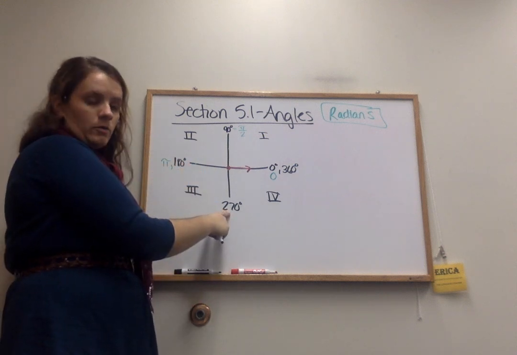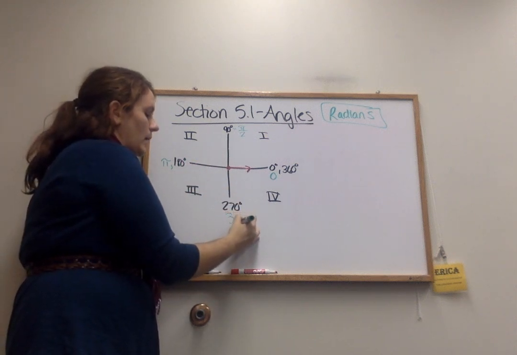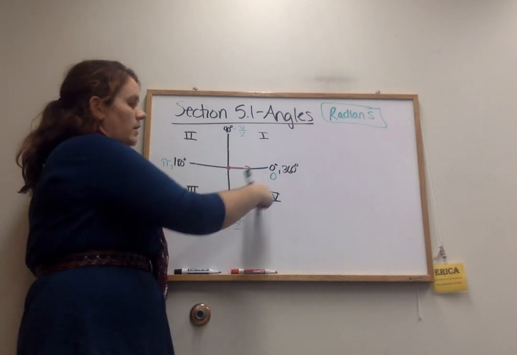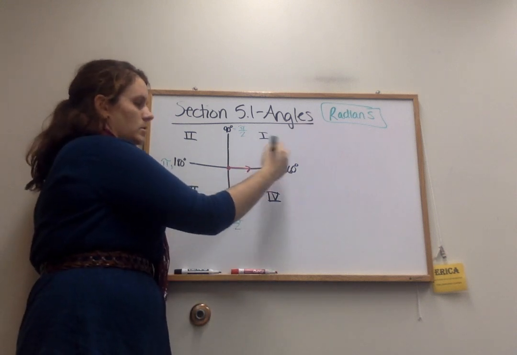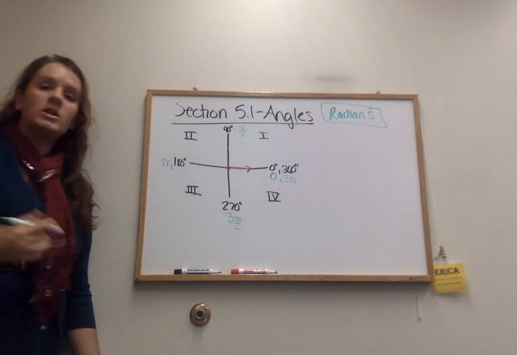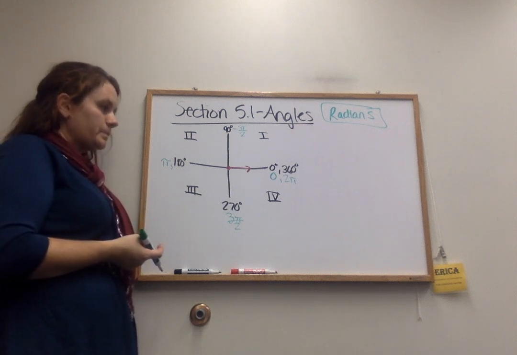Then another pi over 2, so we've got 3 pi over 2s. Okay, 3 pi over 2. And then another one, which is 4 pi over 2, or that simply reduces to 2 pi. And just like with the degrees, we can keep going around and around in the circle.